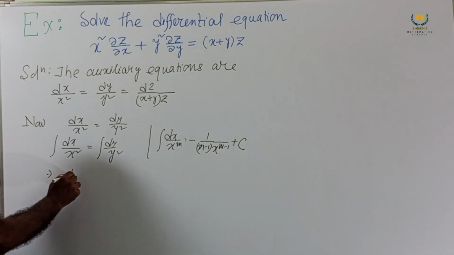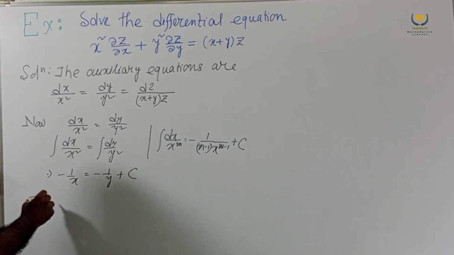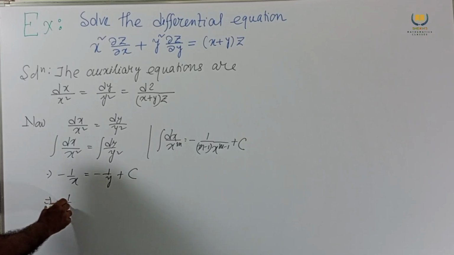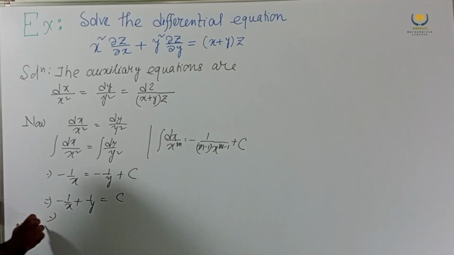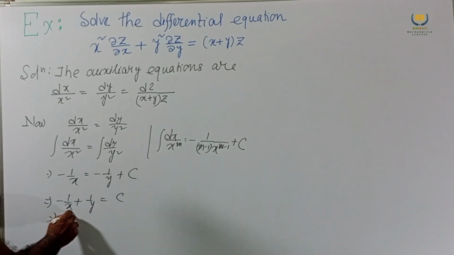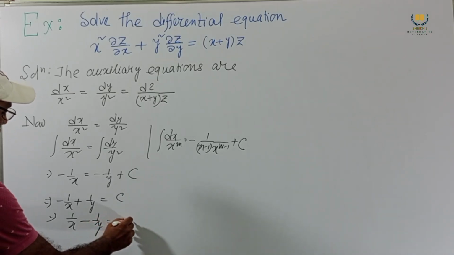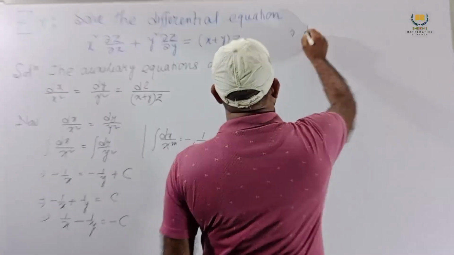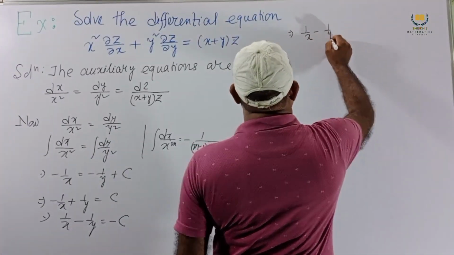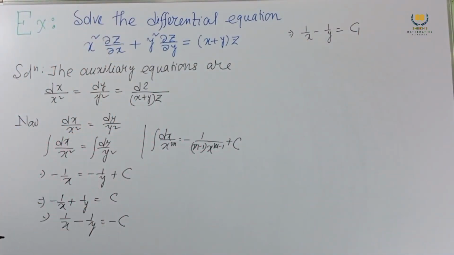Ultimately we get -1/x - 1/y + c, which implies -1/x + 1/y = c. Multiplying both sides by a minus sign, 1/x - 1/y = -c. We consider -c equal to c1. First we get this.